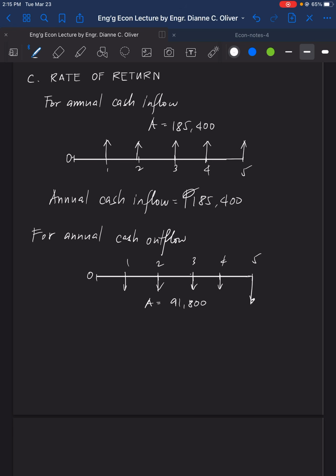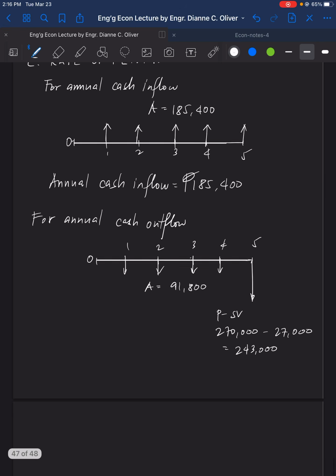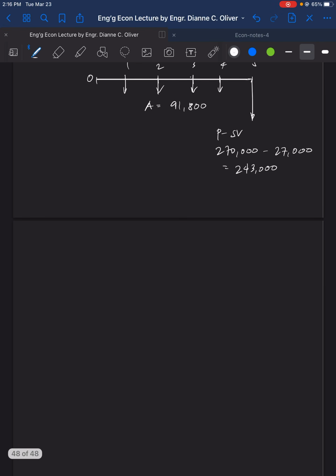Then what we have here is P minus SV, that is equal to 270,000 minus salvage value of 27,000. Therefore, this is 243,000. So there is no interest on investment.